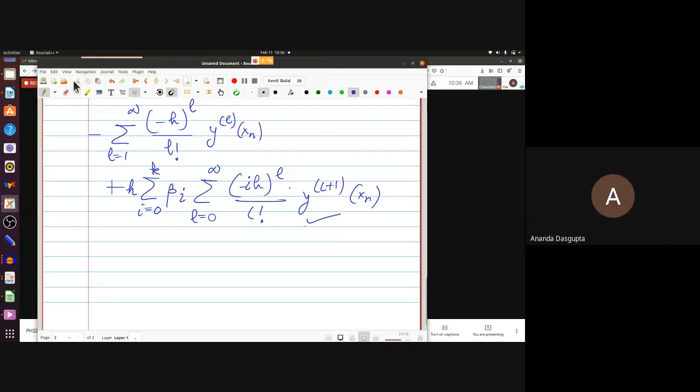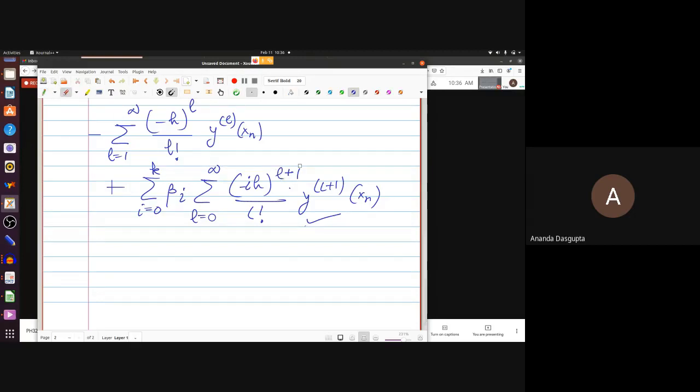In fact, to make it more obvious, I will push this h, which is the step size, outside. First, let's push it inside. The next step would be to use our very standard result that we have always used in power series manipulations. Make everything h to the L. That is, I replace L plus 1 by L throughout.